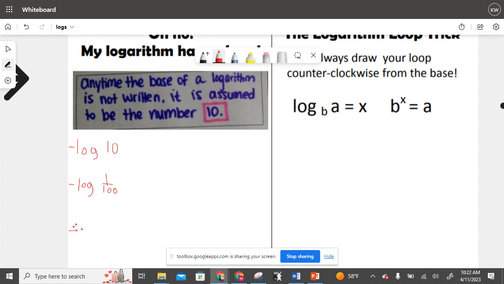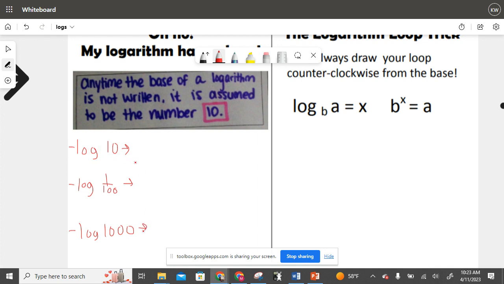And let's say we got log of K, 1K. How do you go through and solve these? First off, recognize what this is. If you don't see a number, a real small one, that means that your base is 10. So it's always important. Recognize that, write it, get used to it.